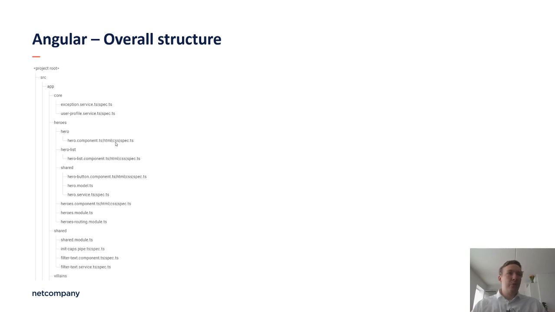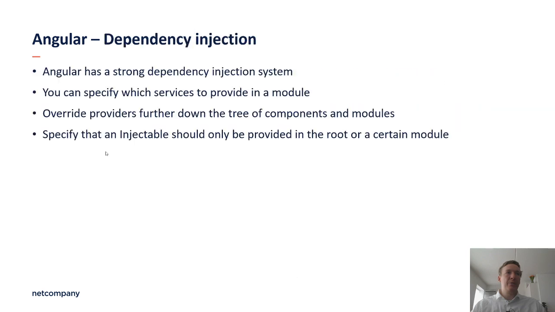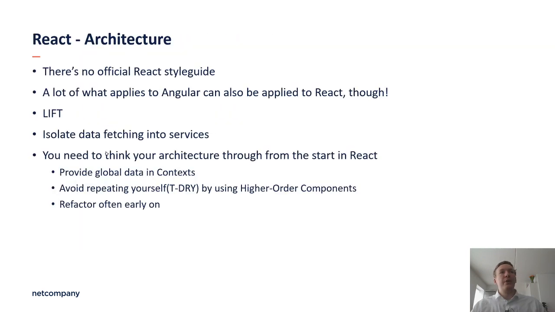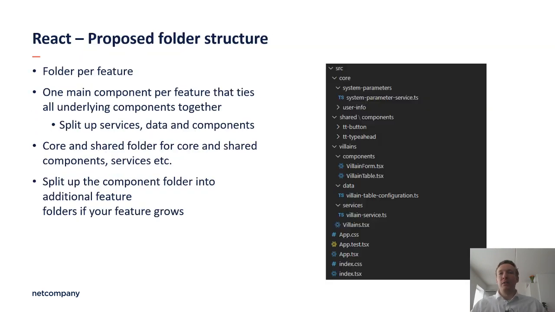It's 1, 2, 3, 4 files for creating a component. You have your test spec, you have the styling, HTML, and TypeScript. While in React, you can get away with just writing a single component, or maybe a CSS module if you want to style it. So that way you can actually maintain an even flatter structure in React.